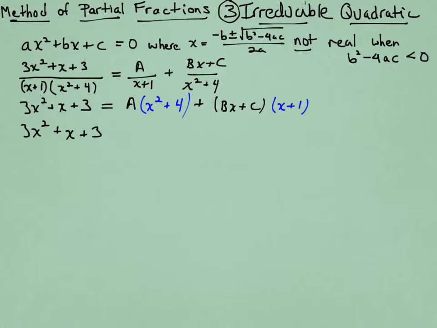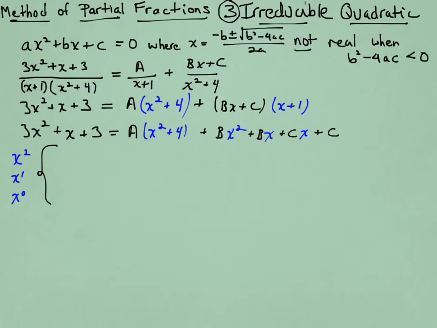We'll just expand out on the right side so that we'll be able to compare coefficients. I'll distribute the b's through and then distribute the c's through, and these will be the terms that I'll have: bx squared plus bx plus cx plus c. And that should be good enough to figure out what the degree 2 coefficient is, and then the degree 1, and then the constant terms of degree 0, and compare them with what's on the left side.